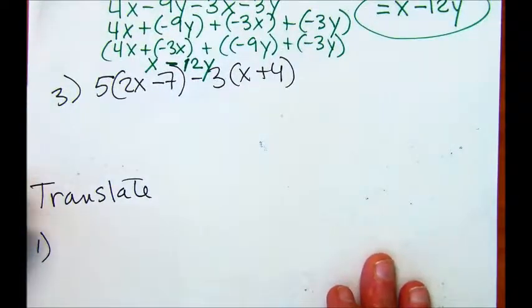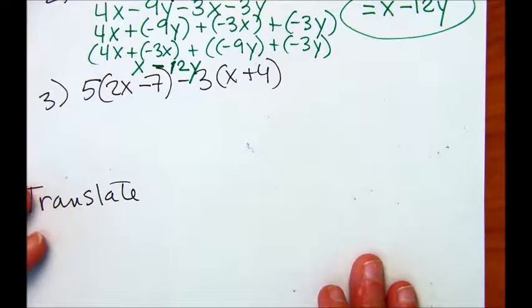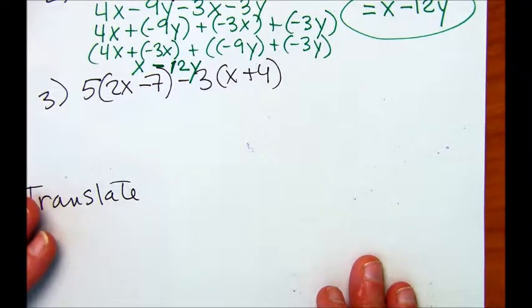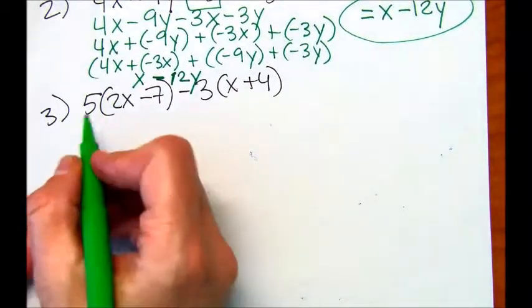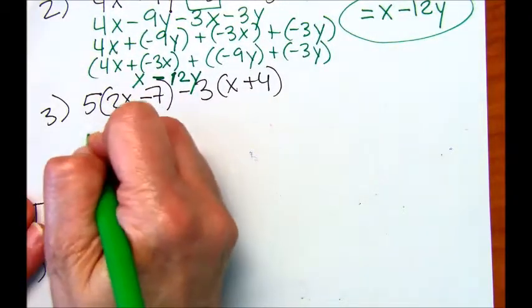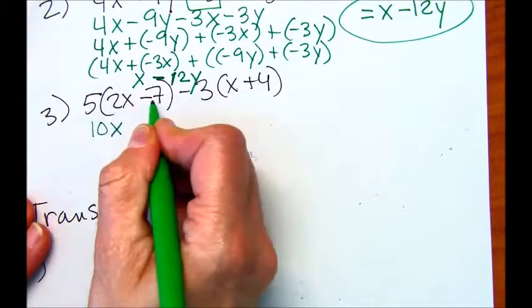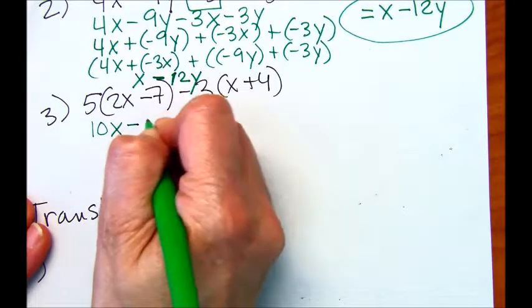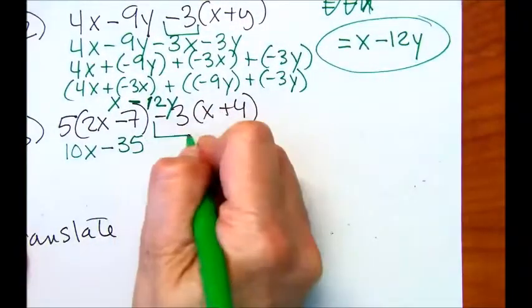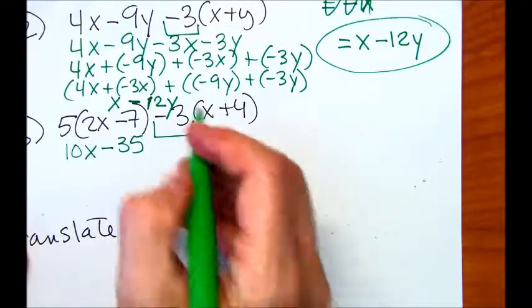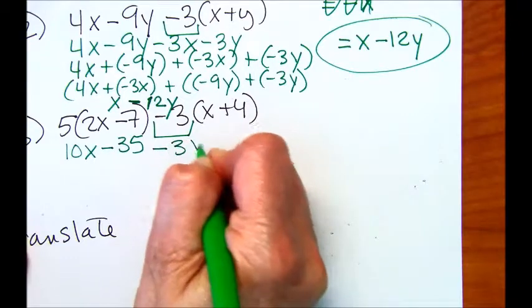All right, the last one, you get to do distributive property twice, and then you get to simplify. So exciting. So we've got 5 times 2x, that's 10x. 5 times negative 7 is negative 35. Here we have negative 3, so negative 3 times x is negative 3x.